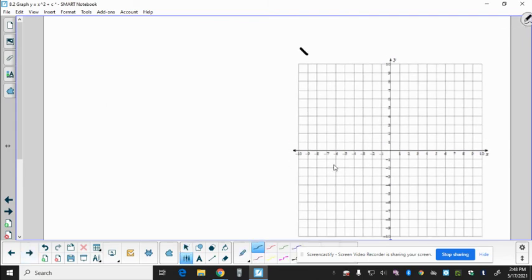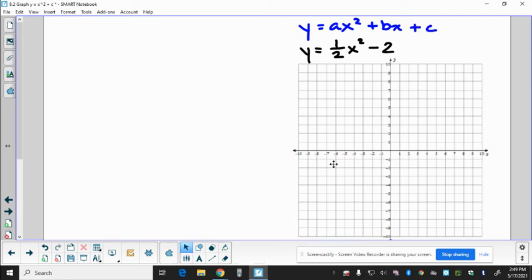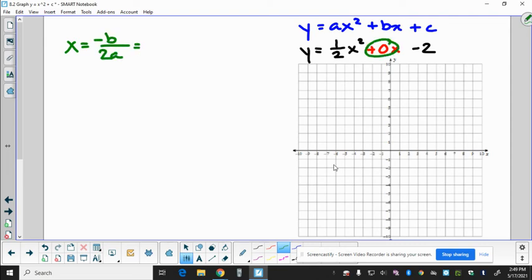Okay, how about this? So let's move that minus 2 down here so this makes a little bit more sense. All right, next step. Let's get a line of symmetry. So we can see that b is still 0.